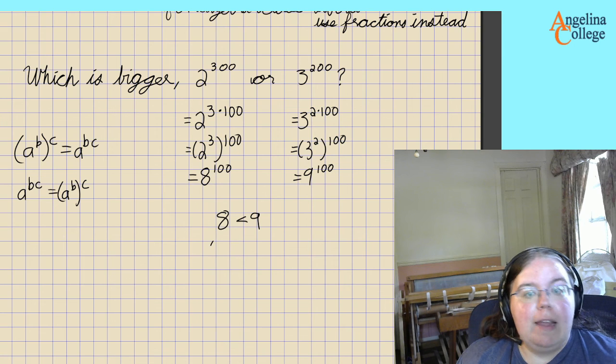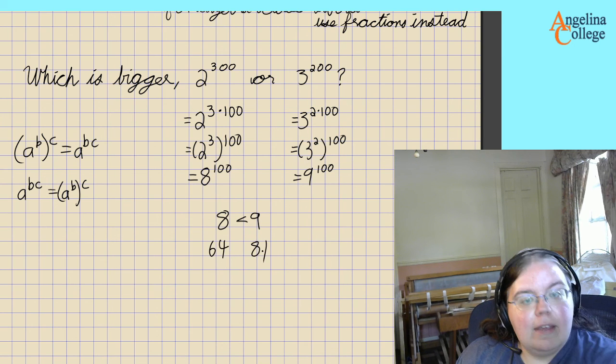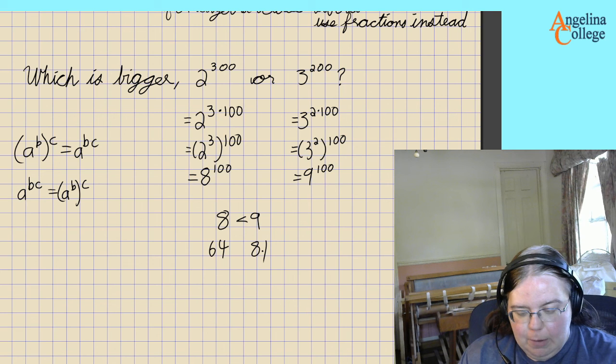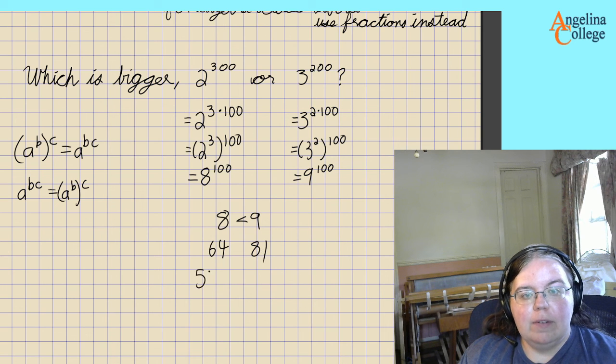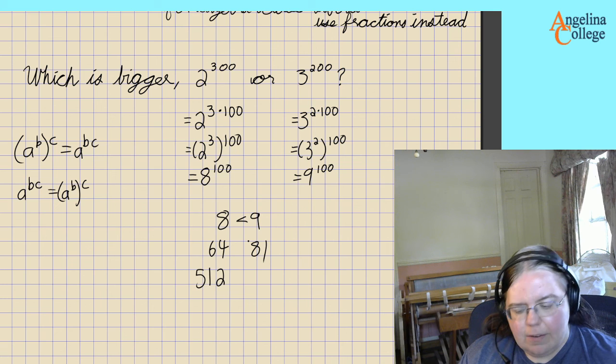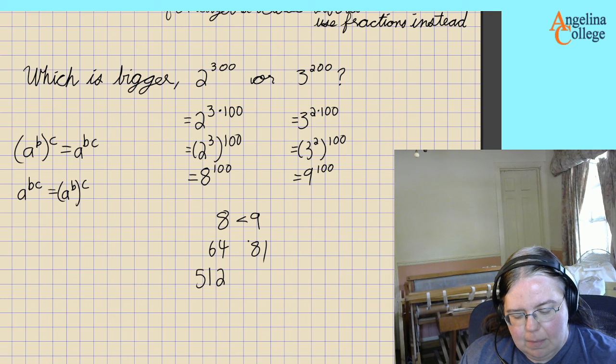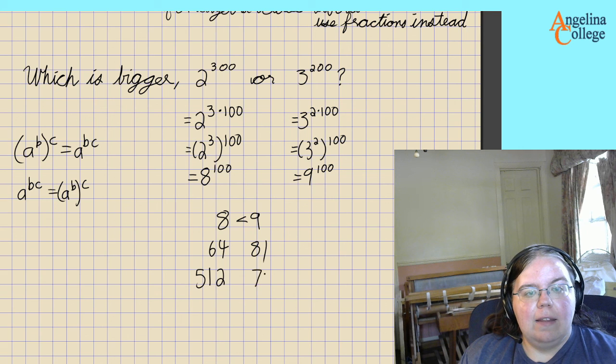For example, 8 squared is 64, 9 squared is 81. 8 cubed would be a good calculator problem. So let's see. 8 to the power 3 would be 512. 9 to the power 3, I want to say that's going to be 700 and something. Yes, 729.